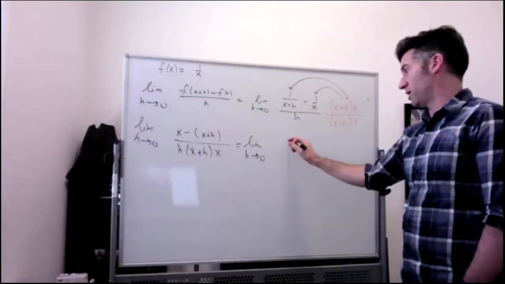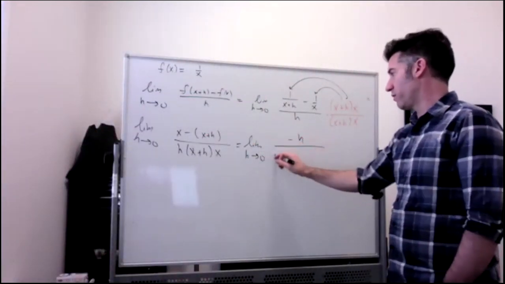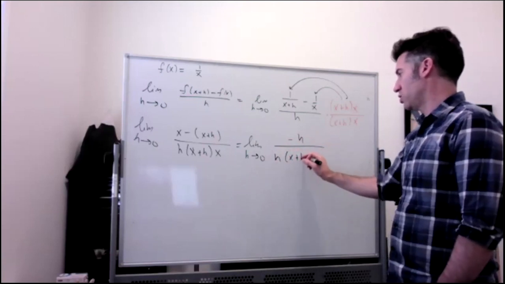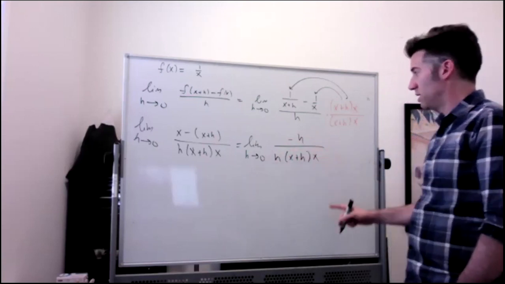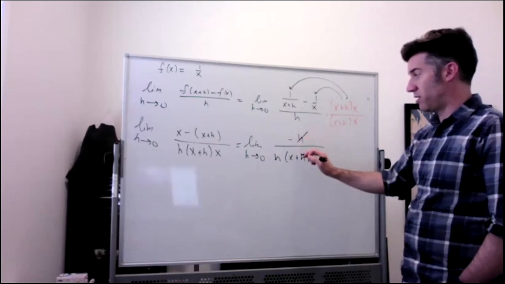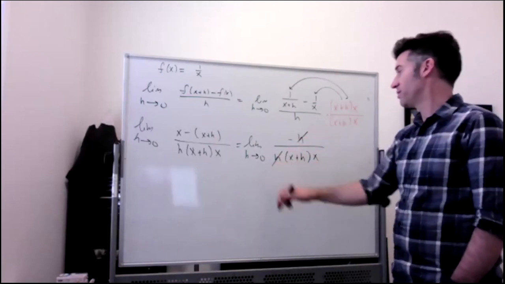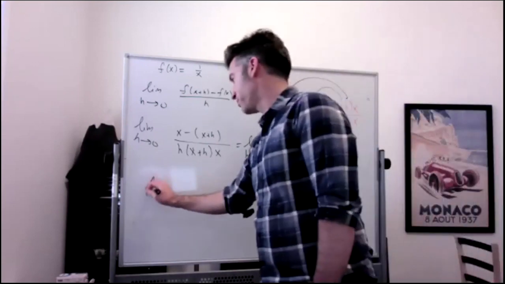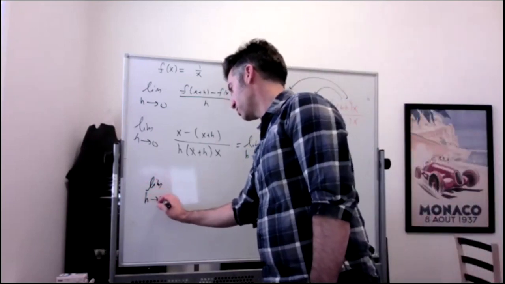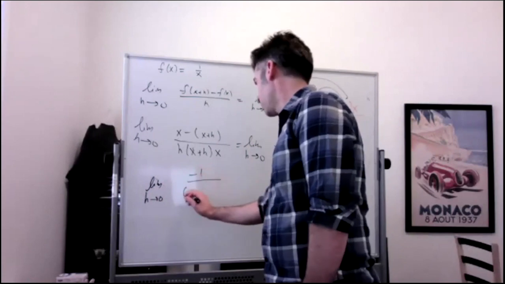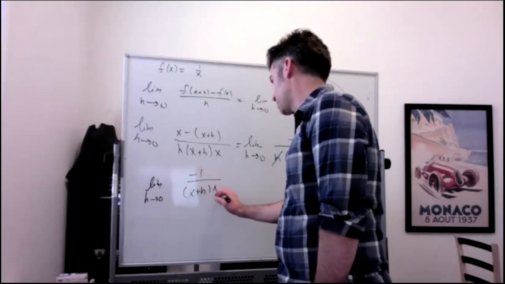The minus distributes, I get a minus h over h times x plus h times x. This h cancels with that h. And I get the limit as h goes to 0 of negative 1 over x plus h times x.